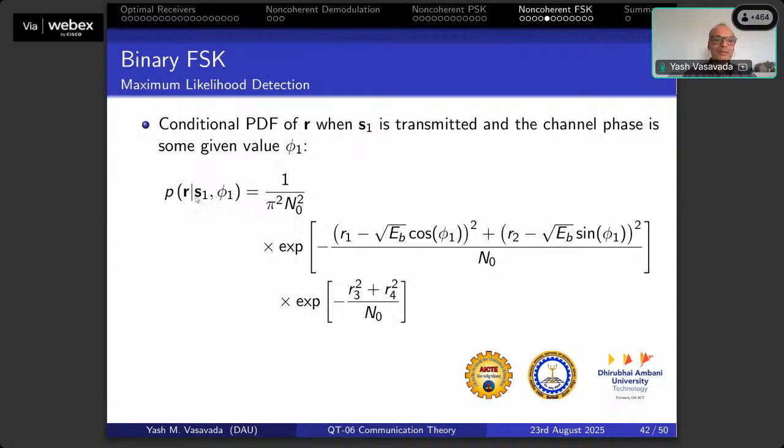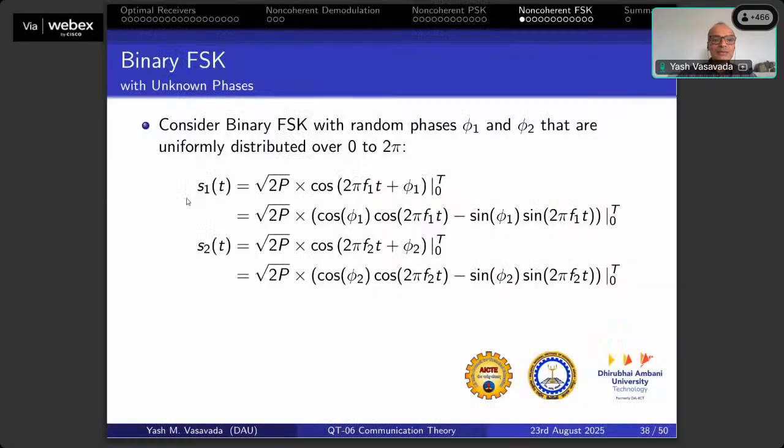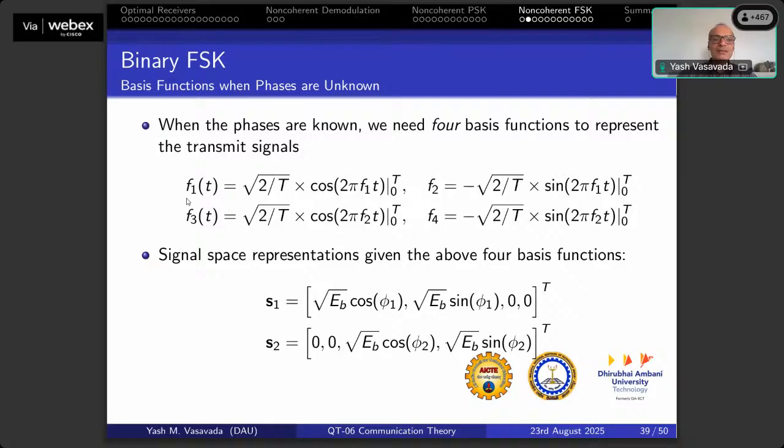So the probability of the received vector given S1 and phi1 is going to be a Gaussian PDF whose expression is given like this. R is now going to be a 4-dimensional vector. Why 4-dimensional? Because we are taking the received vector and evaluating its correlation with cosine of 2 pi f1, sine of 2 pi f1, cosine of 2 pi f2, sine of 2 pi f2.